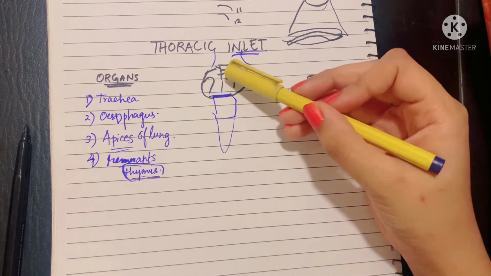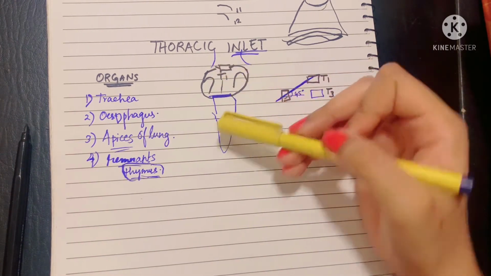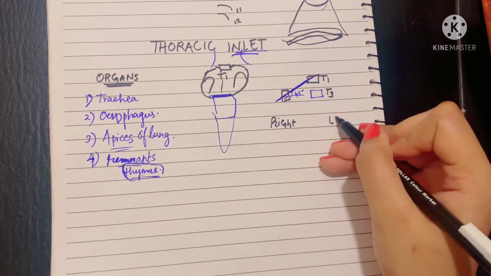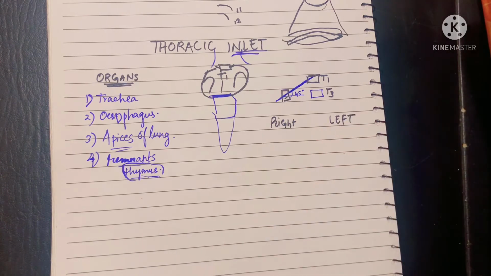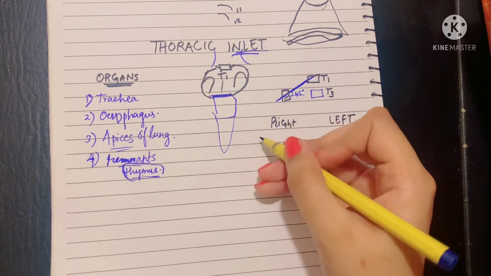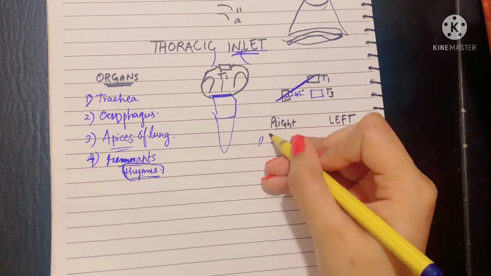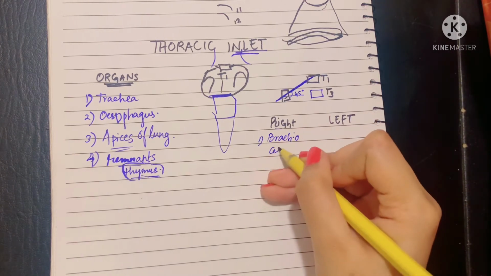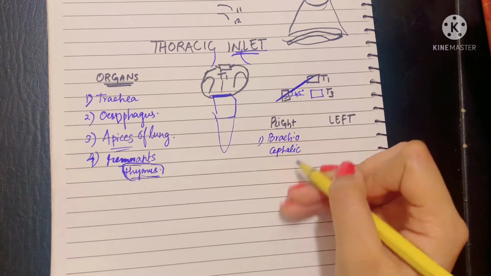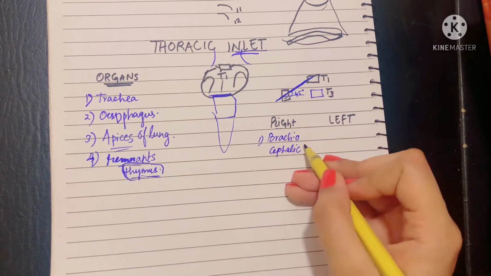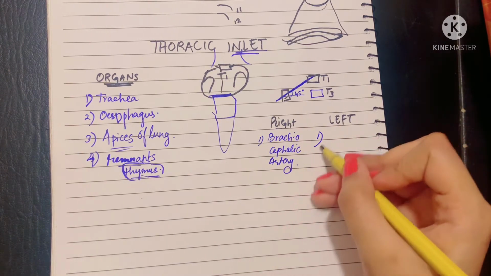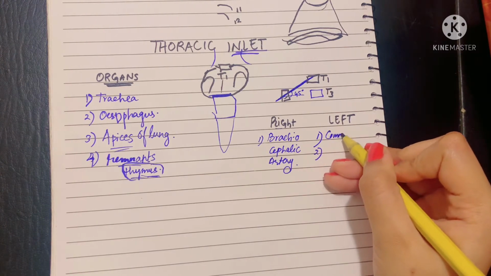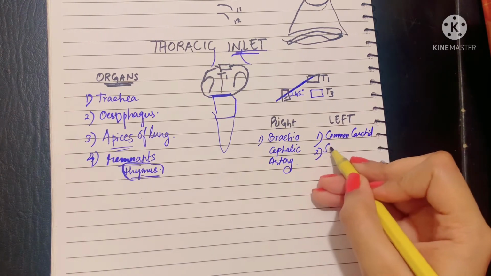So what are the large vessels that pass through this thoracic inlet? Let's classify them into right and left so it becomes easier for you. On the right side passes the brachiocephalic artery. This is a branch of your main aorta, which is coming from the heart. On the left side there are two arteries: the left common carotid artery and the left subclavian artery.